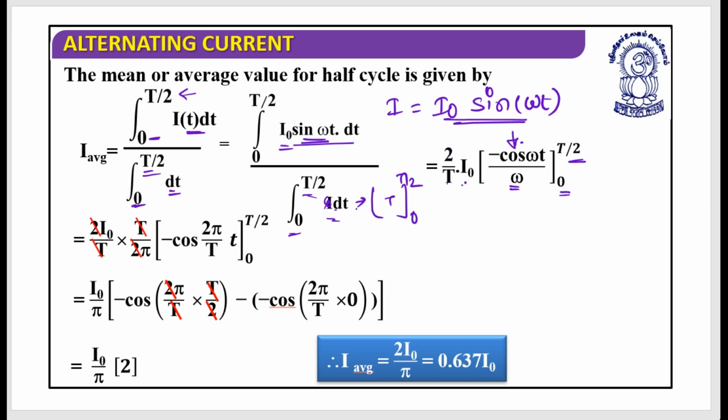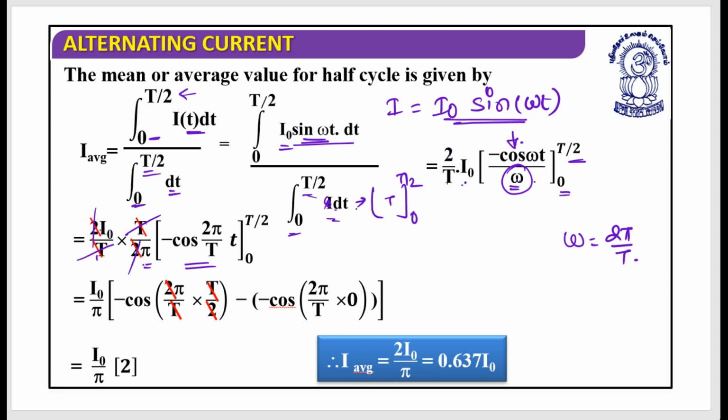So let's just put the value and get it done. It's 2 by T, I naught, multiplied by this. Omega can be represented as 2 pi by T. So this T and this T have gone, and this 2 and this 2 have gone. Here I have been left with I naught by pi multiplied by minus cos of 2 pi by T into t.